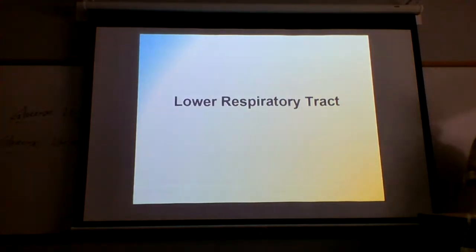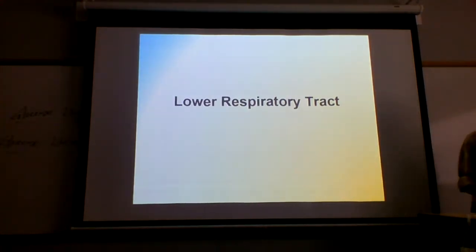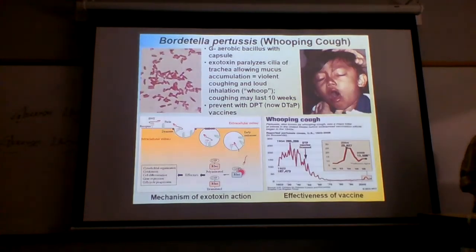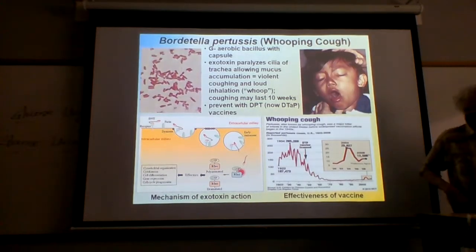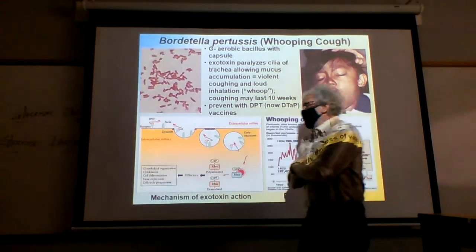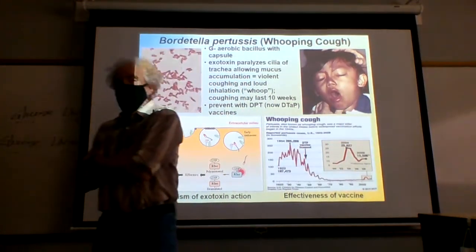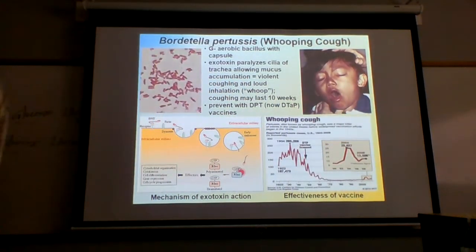So we can distinguish between the upper respiratory tract, and now it's going to be a good bit nastier, and that's the lower respiratory tract. So a couple of diseases perhaps you've heard of. Whooping cough. This is another bacterial disease, and happily we've got a really good vaccine against this.